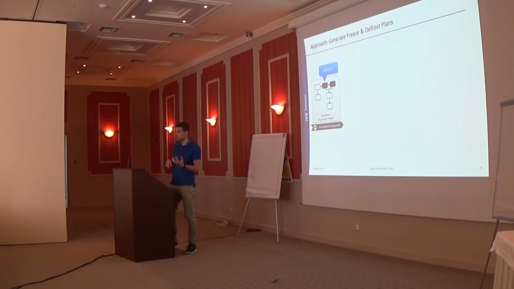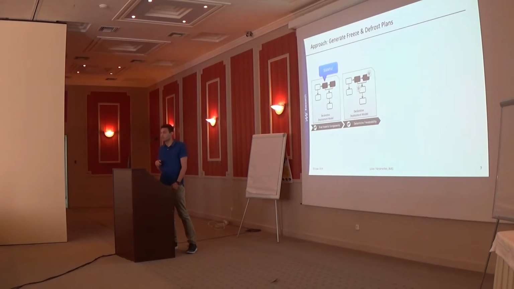We assume that the type already has a stateful annotation, so that we can derive that the instances of these types are also stateful. Afterwards, we search for freeze and defrost operations and annotate them with this snowflake here.